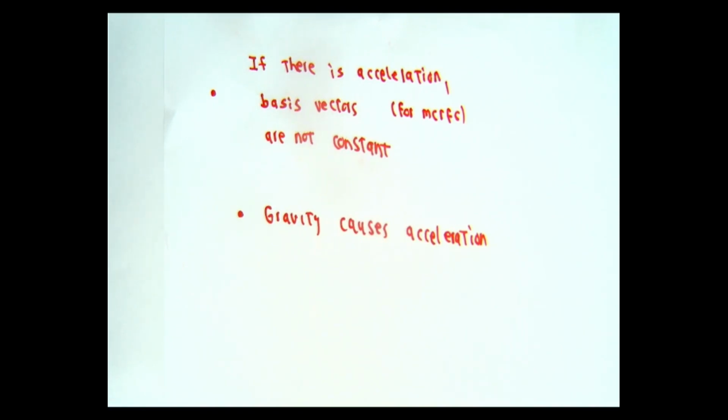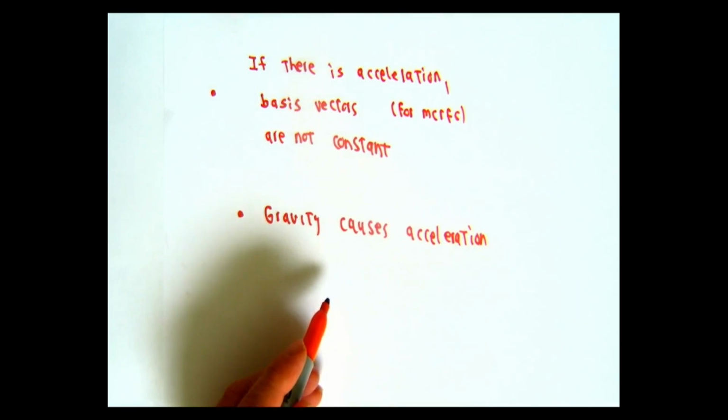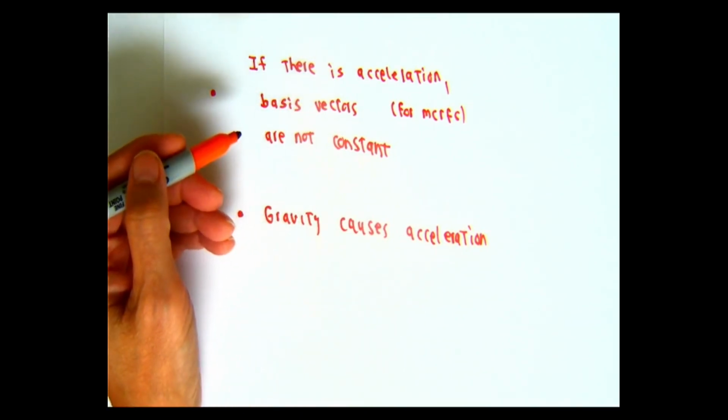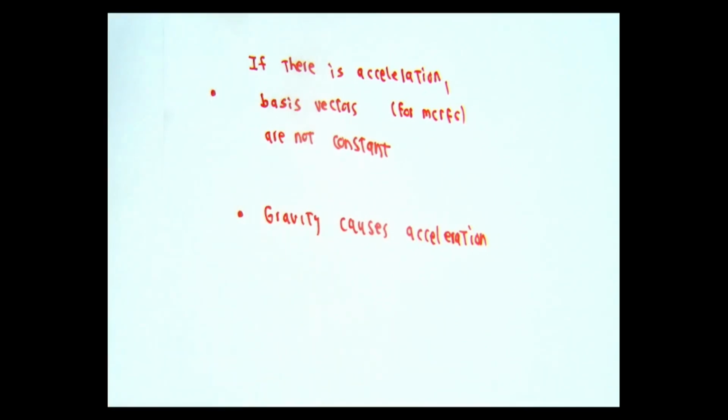I just want to let this stew around in the back of your mind for a minute. If you're thinking of momentarily co-moving reference frames, gravity causes acceleration, and if there's acceleration, the vectors that form the basis of these frames are not constants. Things that are not constants have non-zero derivatives. That's all I'm going to say about that at the moment.